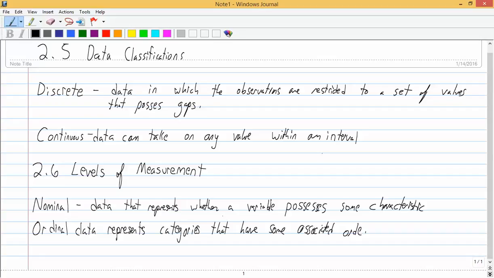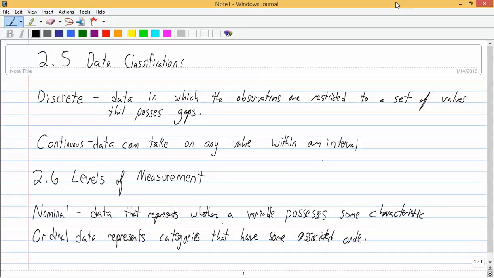And even though those two definitions, written down, look very different, they're not very different at all, because we can have categories with nominal data, like Democrat, Republican, and Independent. But there's not some associated order with that data.